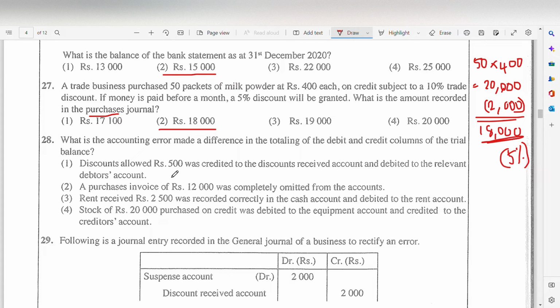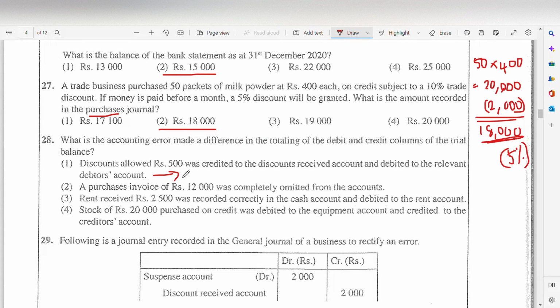But what have they done here? They have done the reverse. They have debited the debtor's account. They have increased the debtor's account and they have credited, instead of crediting to discount allowed, they have credited discount received. Now, if you do the same mistake as it is, you will see both debit and credit are balancing.